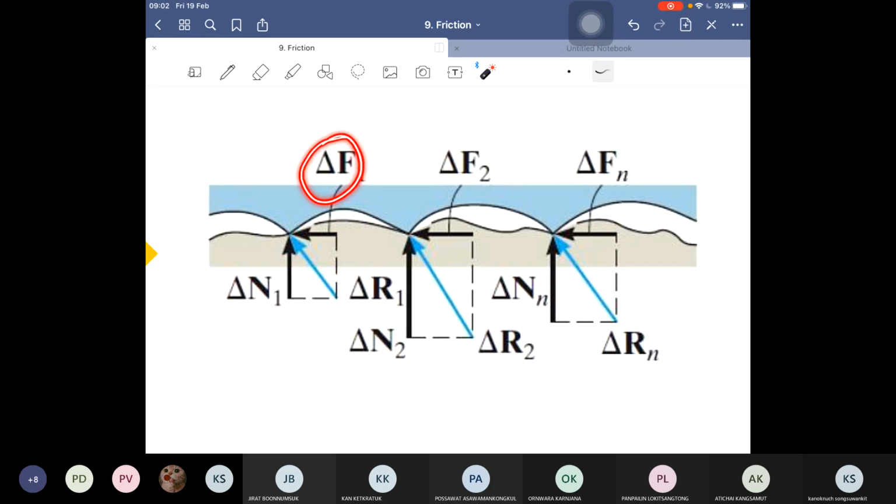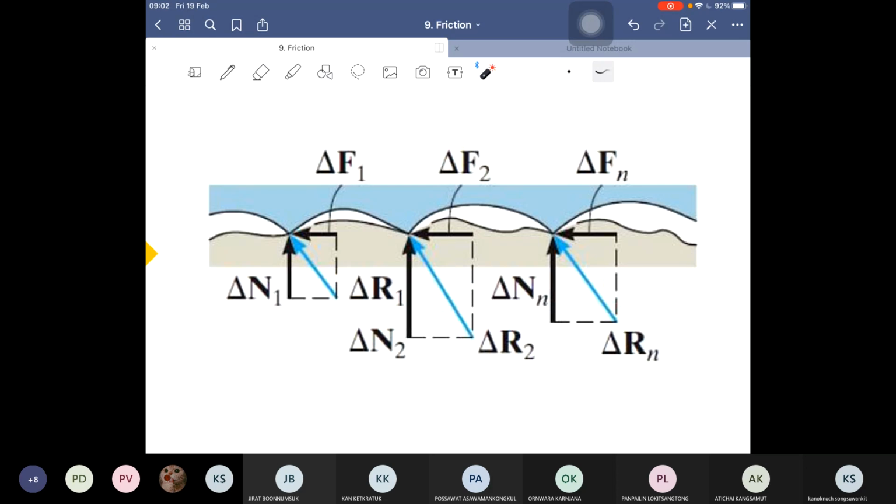So these two forces, F and delta N, can be reduced into one resultant force acting on this position, right?